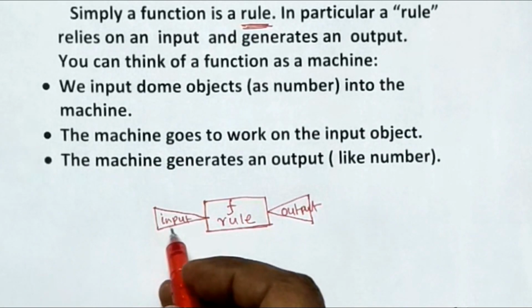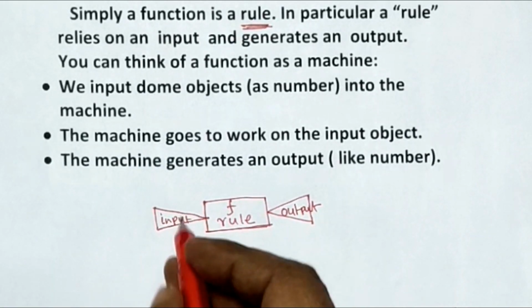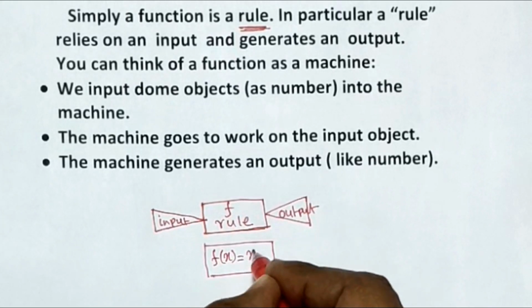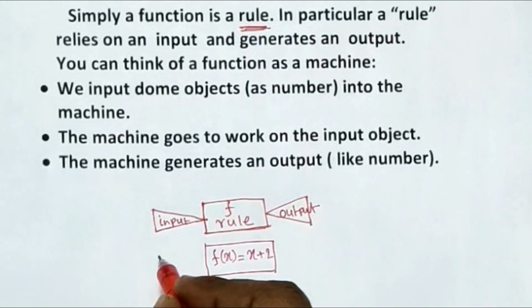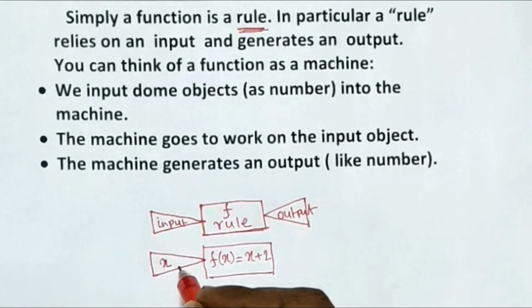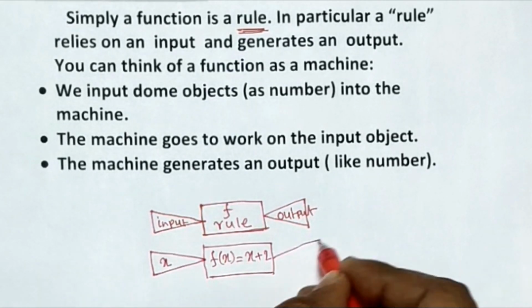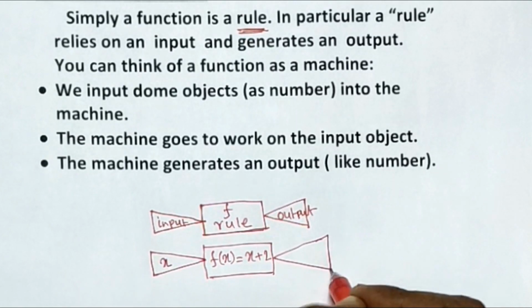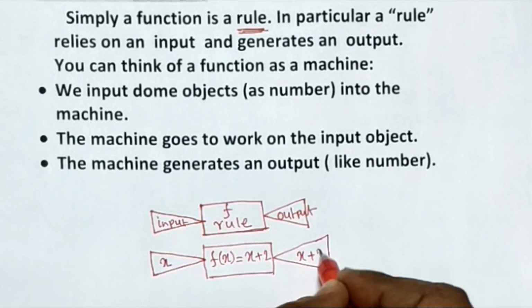Here simply think of a function f of x equals x plus 2. We are giving some inputs, that is x, and then we get the results as x plus 2.